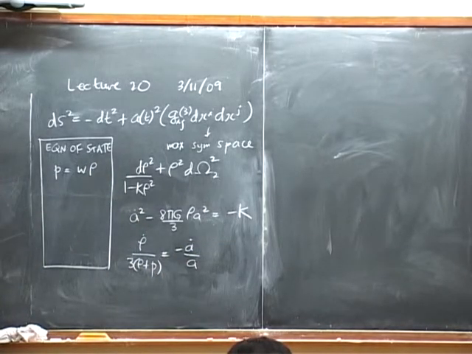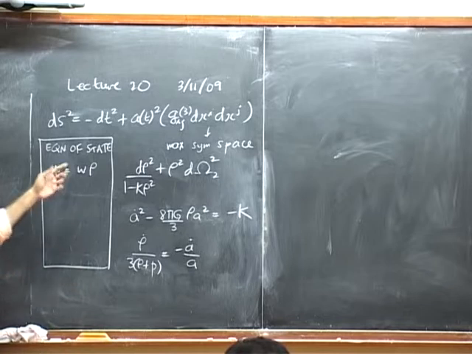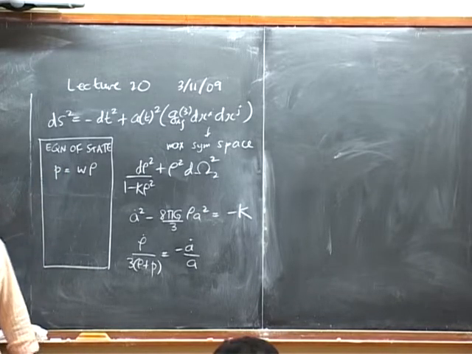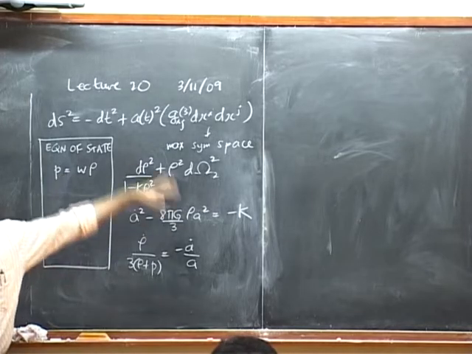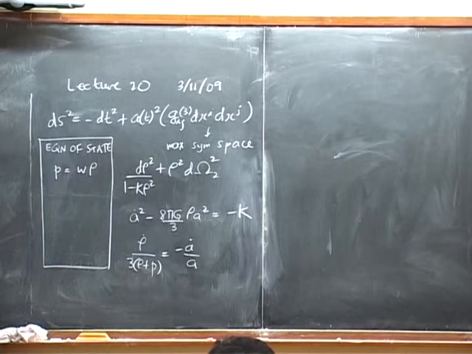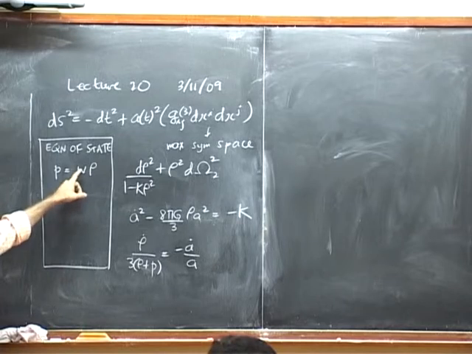W is a constant. This is an assumption, this equation of state. So for example, you can pick some other equation of state, whatever you like, and you can write a paper entirely by putting a new equation of state into this. And that's why the journals of general relativity and cosmology are so fat. There are lots of papers, because anybody can, because this can't be derived. This is an assumption.